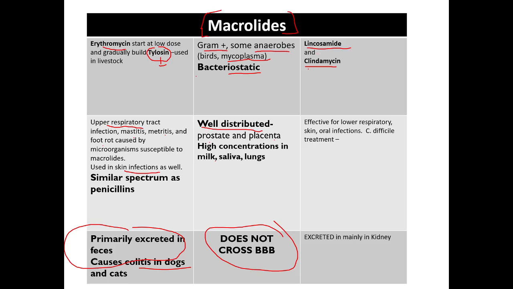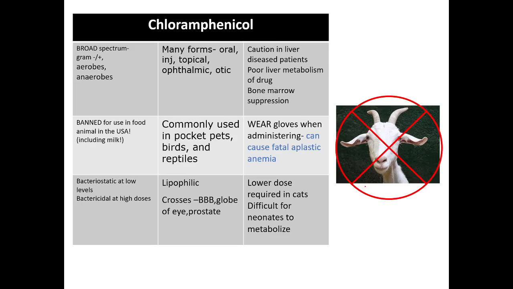Lincosamide and clindamycin are effective for lower respiratory tract infections, so pneumonia, skin infections, oral infections, and Clostridium difficile infection. These are excreted mainly in the kidney. So even though these are in the same large, broad category, they are slightly different. They have similarities, but there are some differences that you should know.